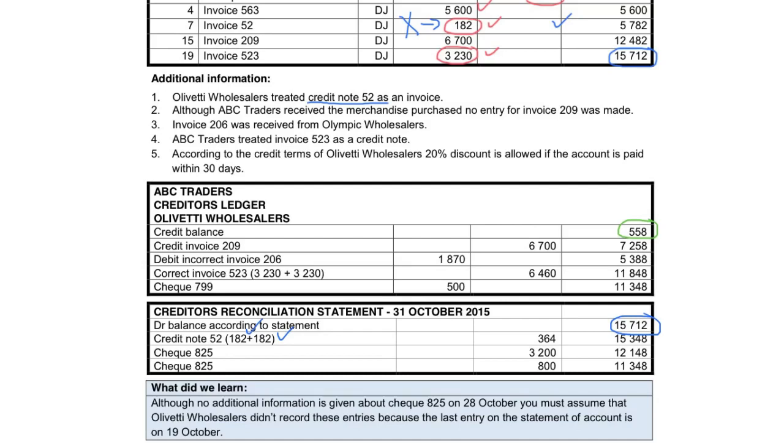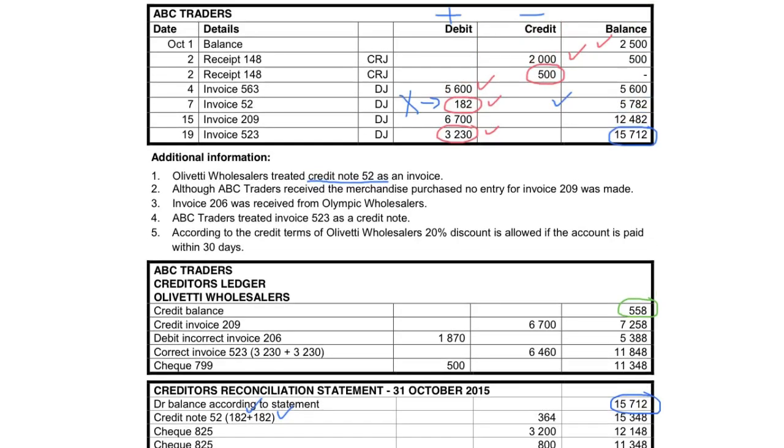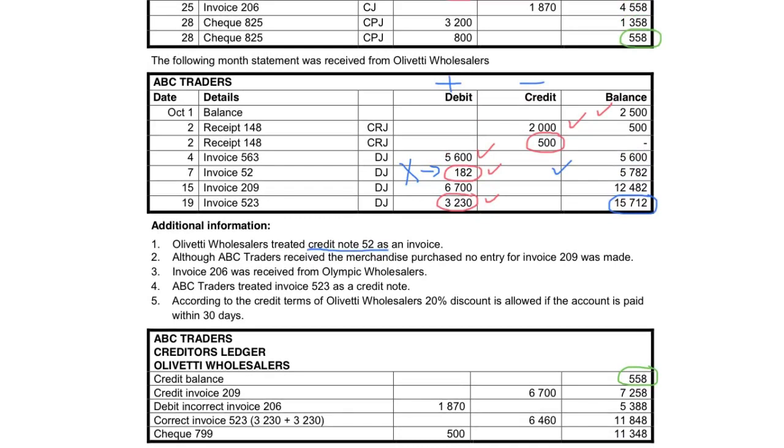If we look at the additional information number 2, although ABC Traders received the merchandise purchase, no entry for invoice 209 was made. Okay, so if we look at invoice 209, we see on the monthly statement received from Olivetti Wholesalers that there's an invoice 209.